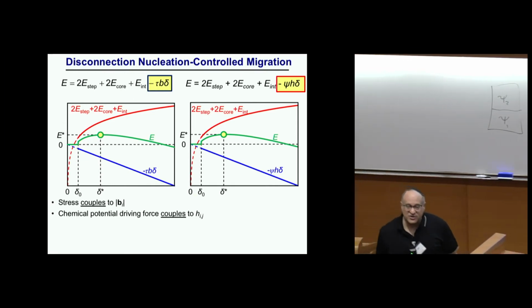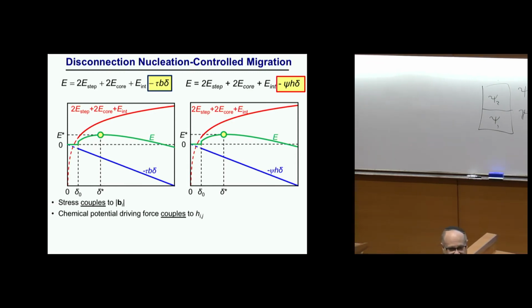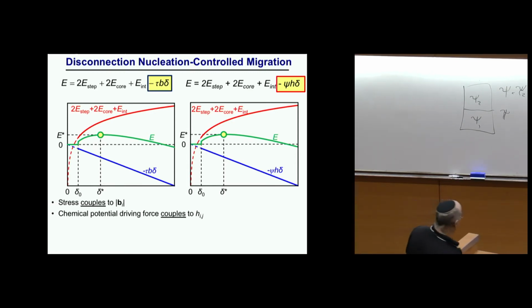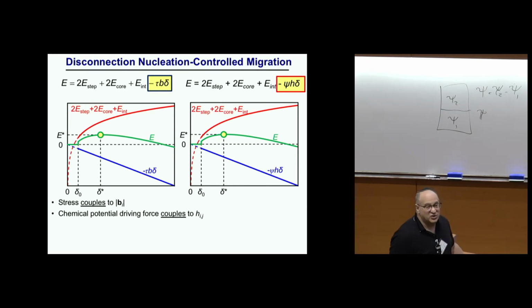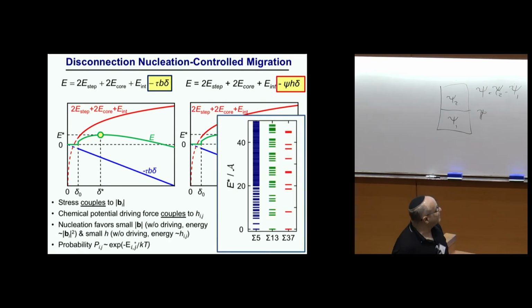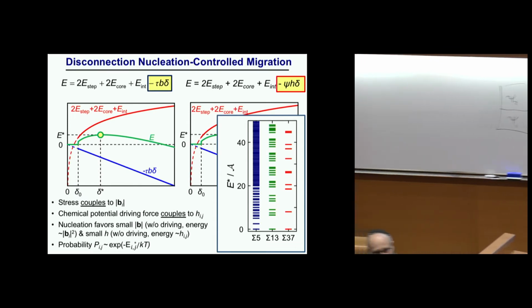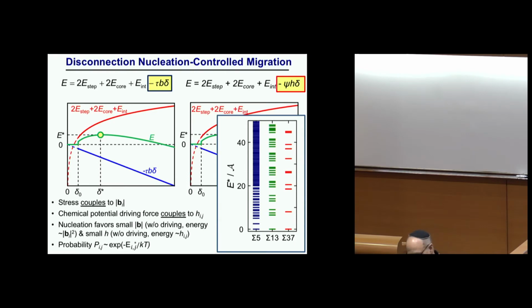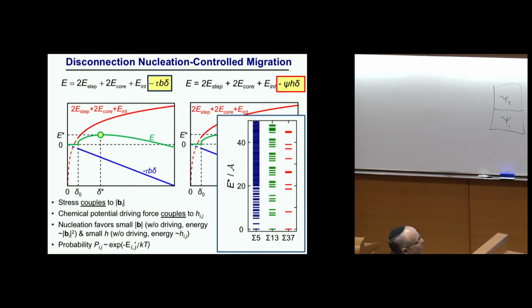And now, as I told you, there's a spectrum of possible Burgers vectors and a spectrum of possible step heights. And so if I look at all the possibilities that crystallography allows for different grain boundaries, I get energies for nucleation of those different disconnections as I change B and H. If I look at all the possible B's, all the possible H's, so for one particular grain boundary, this is the spectrum. For another grain boundary, that's the spectrum. Another one, that's the spectrum. And I can write it all down.